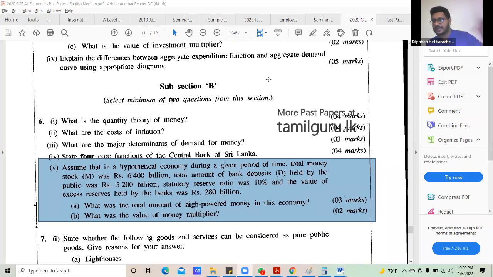If you can figure out a pattern, 17-18-19 single bank, 20 banking system, then question mark. There is a big possibility that it could be a banking system calculation. If they ask a banking system calculation in the second part, definitely they will put a single bank question in the MCQ. That pattern they will definitely maintain. So more than 50% probability is for the banking system calculation.